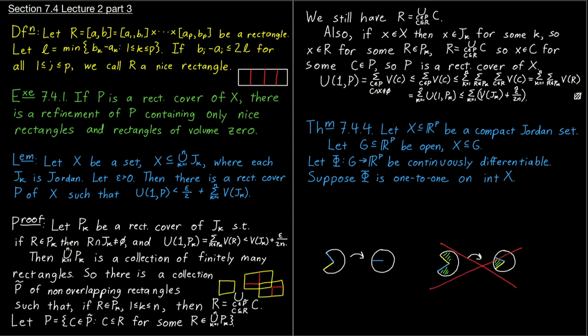That is what is not allowed. The conclusion is that then phi of X is also a Jordan set. And I can tell you its volume.